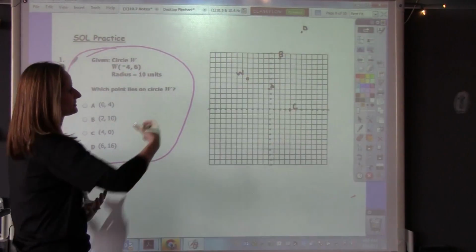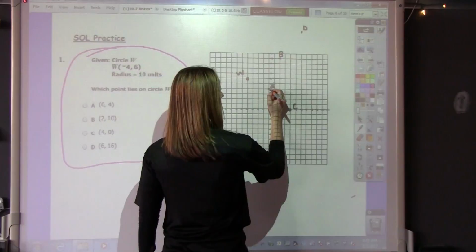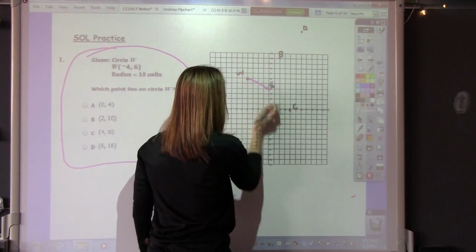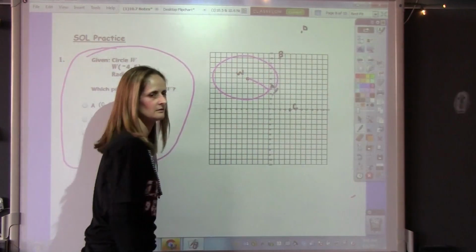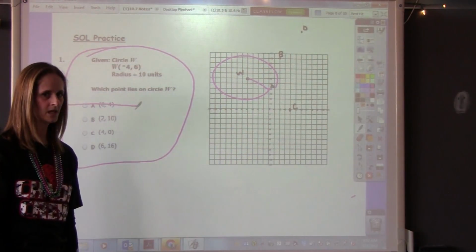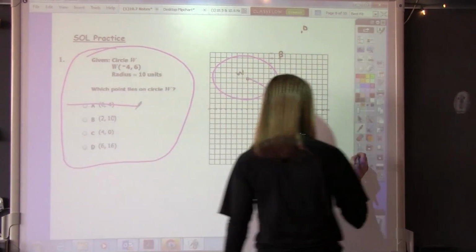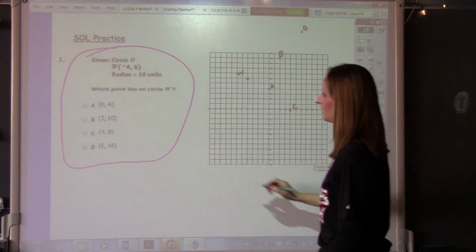I plotted each of the points. I'll start with A, 0, 4. That is definitely not a radius of 10, right? So it is not A. We don't even need to do the Pythagorean theorem on that one.